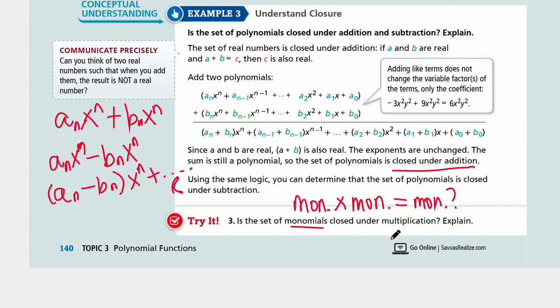Monomial times monomial has to be a monomial to be closed under multiplication. So check if there is any case where you get something that's not a monomial. And if you can think of any, then it's not closed under multiplication. So think about this. Pause the video and come back when you're ready for the answer.